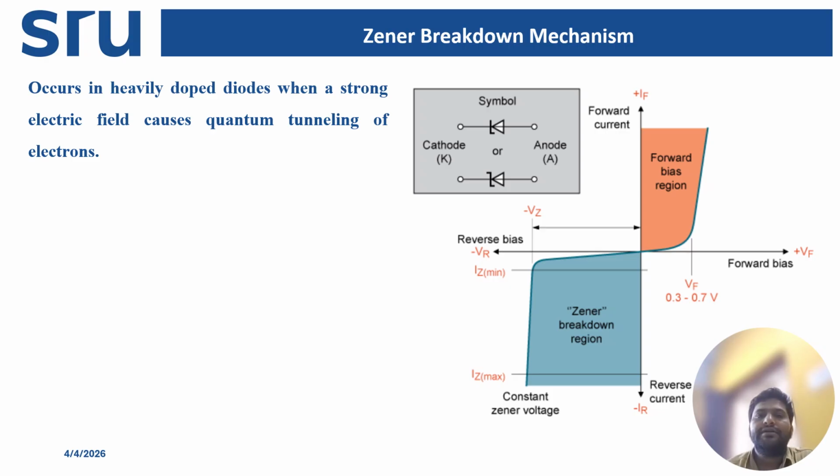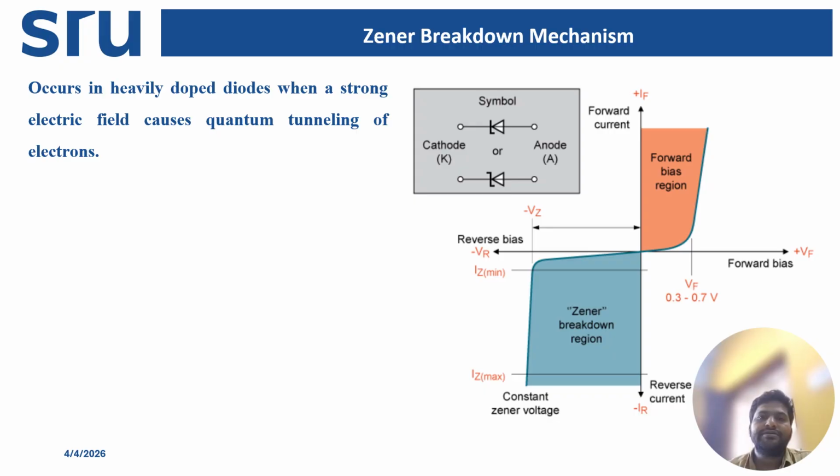So what is the actual mechanism and why does it happen? When the electric field becomes extremely strong, it exerts a very large force on electrons. Electrons in the valence band gain enough energy. They directly jump into the conduction band.